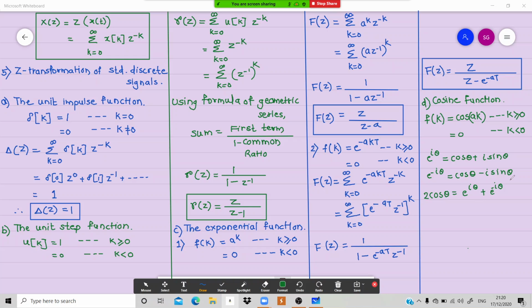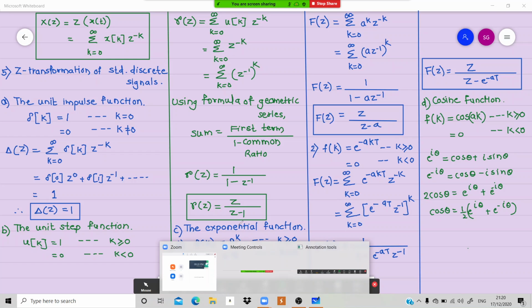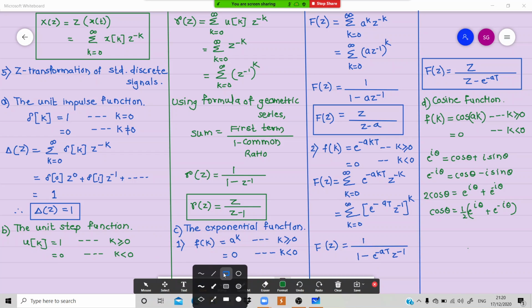So cos theta is equal to half of e raised to j theta plus e raised to minus j theta. This is the formula which we'll use for getting the Z transform for this function.